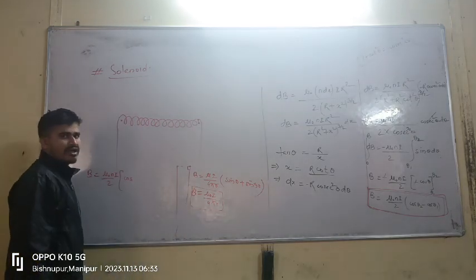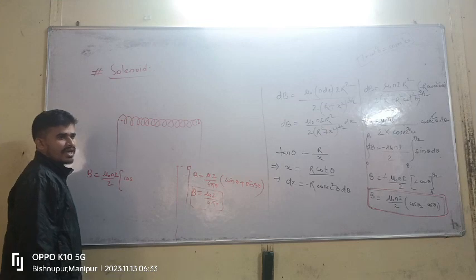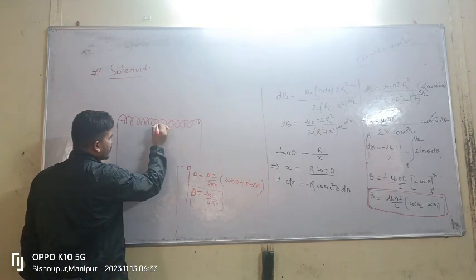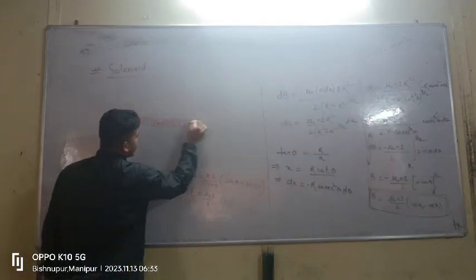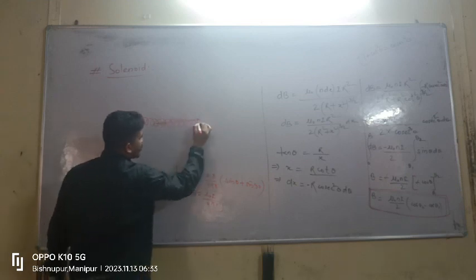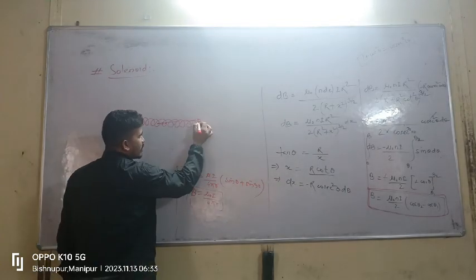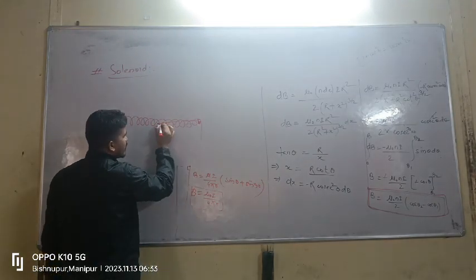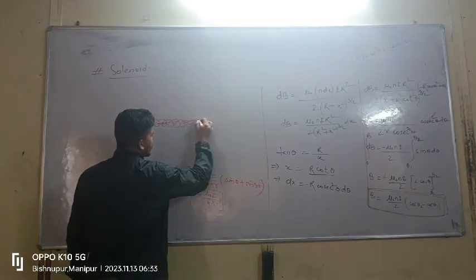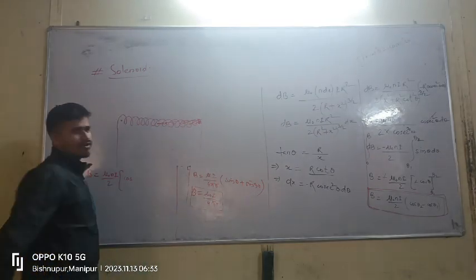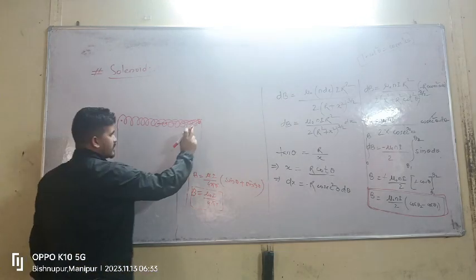If the point were here, it would have been theta 1, but here it got to 90. The angle was increasing like this and finally it got 90. Yes, theta 1 is 90.